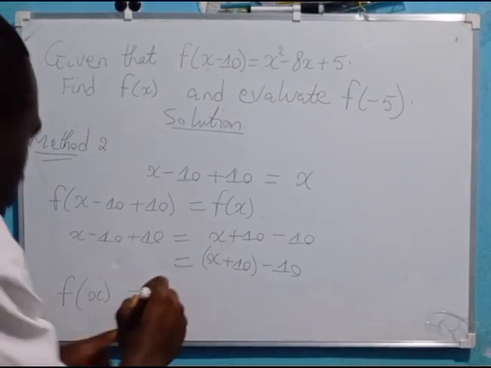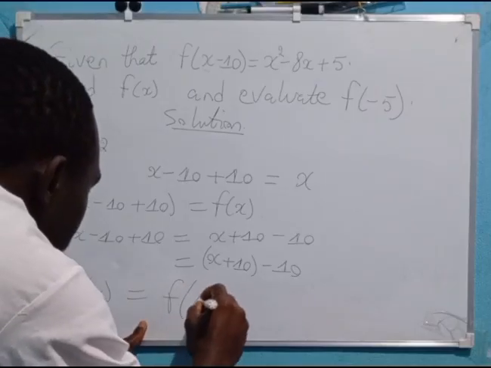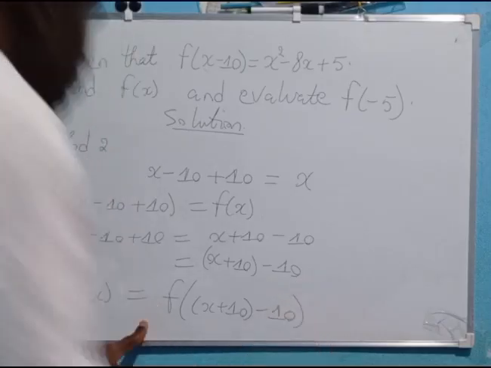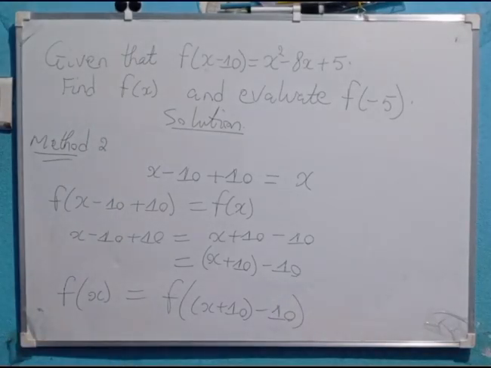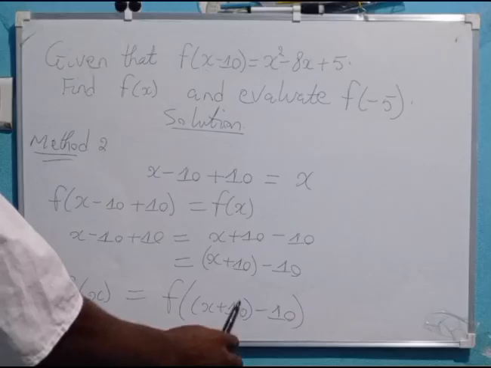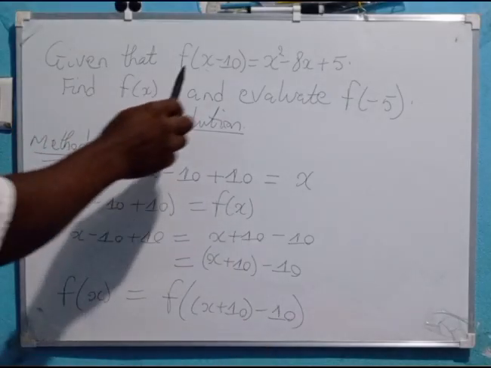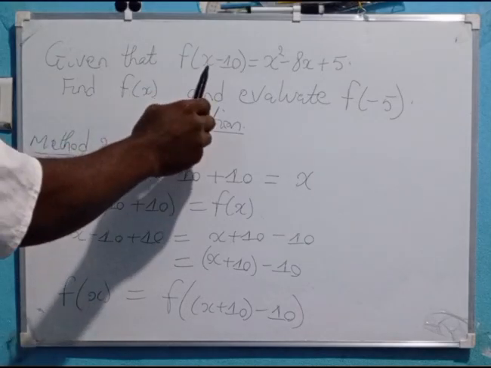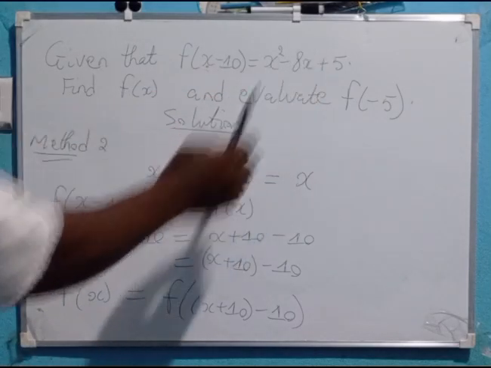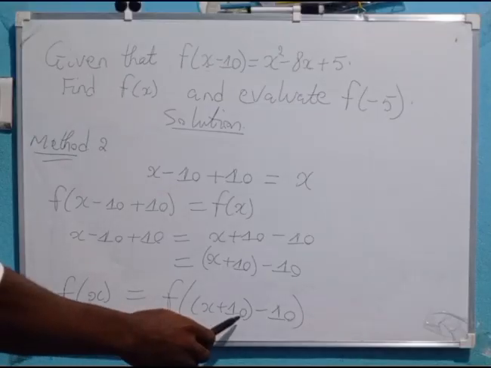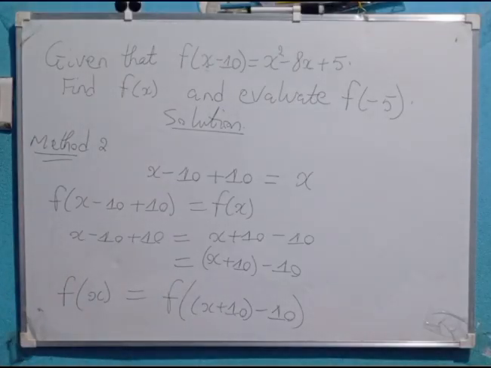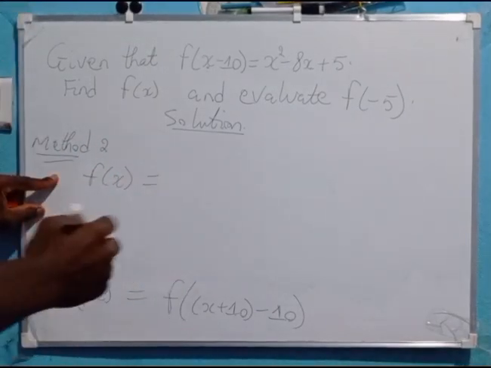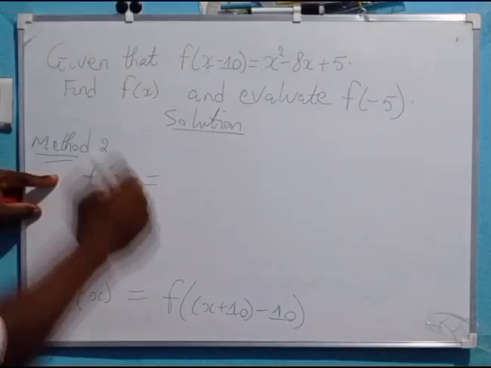If we take f of x, it will be equal to f of x plus 10 minus 10. It simply means when we find x in this function at the right hand side, we are going to replace that x with x plus 10. Then we simplify. This will give us f of x to be equal to, we are going to replace x with x plus 10.